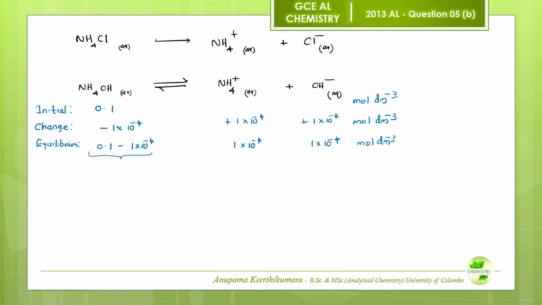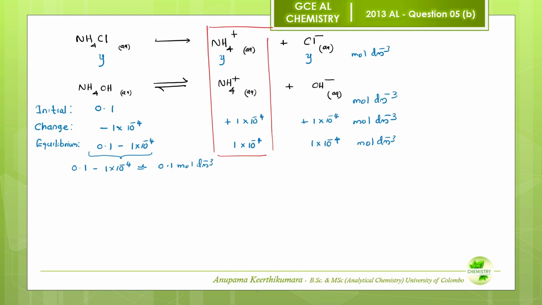This dissociation is very much less than the initial concentration. Therefore, 0.1 minus 1 times 10 to the negative 4 is equal to 0.1 moles per cubic decimeter. We assume the initial concentration of ammonium chloride is Y moles per cubic decimeter. Then the ammonium ion concentration and the chloride ion concentration are also Y moles per cubic decimeter.